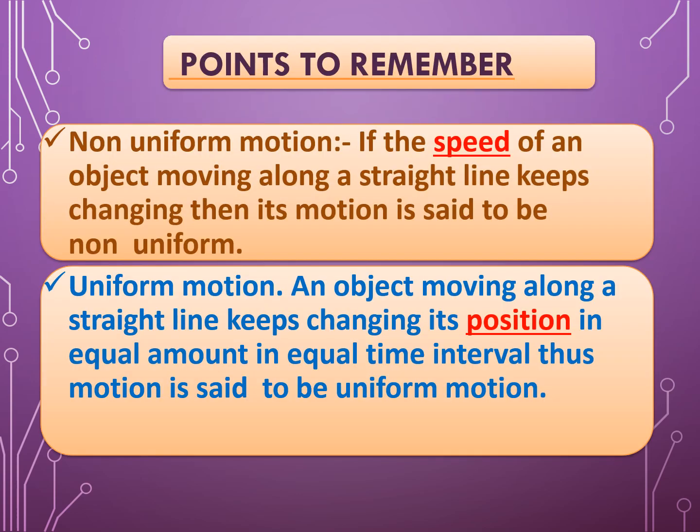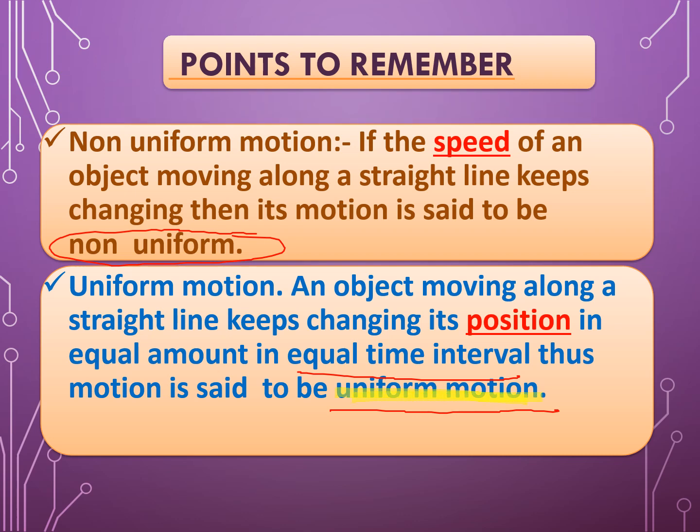Then, non-uniform and uniform motion. If the speed of an object moving along a straight line keeps changing, then its motion is said to be non-uniform. Non-uniform means the object is traveling different distances in equal time intervals, while uniform motion is when an object moving along a straight line changes its position by an equal amount in equal time intervals. This is known as uniform motion.